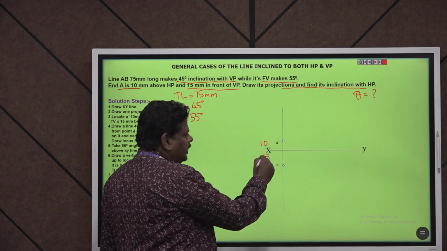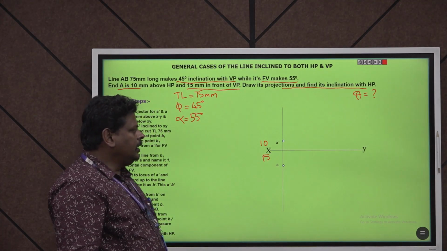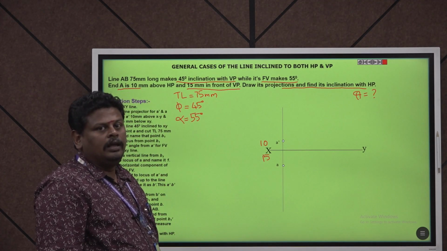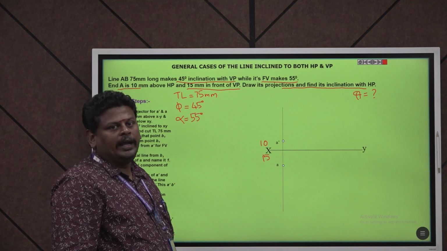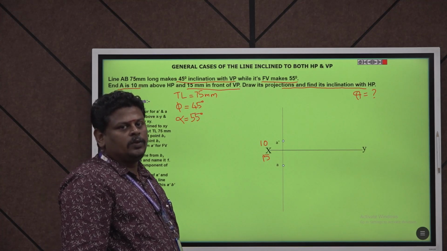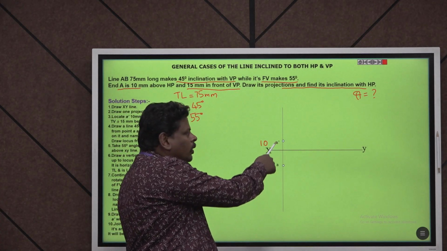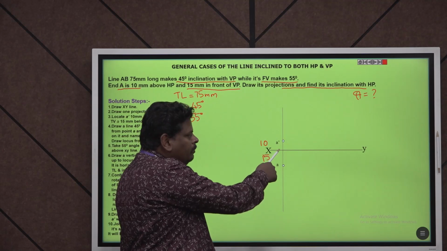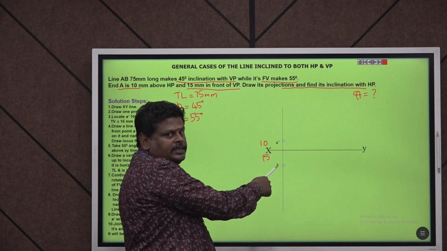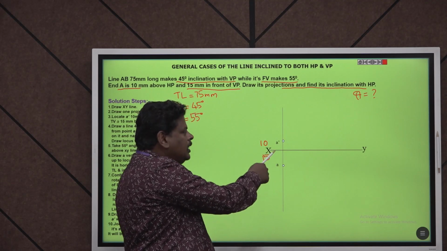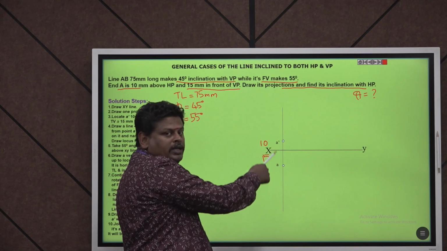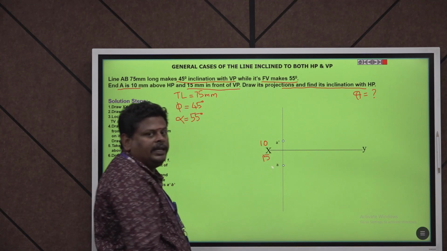So A dash is located 10 mm above the XY line, and the point A is located 15 mm below the XY line, as it is 15 mm in front of VP.